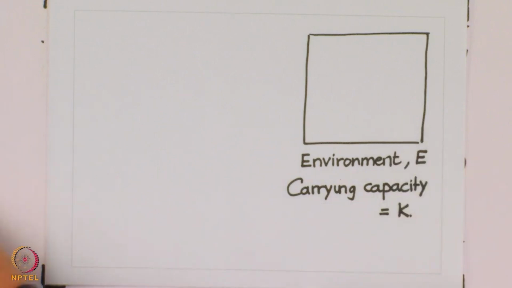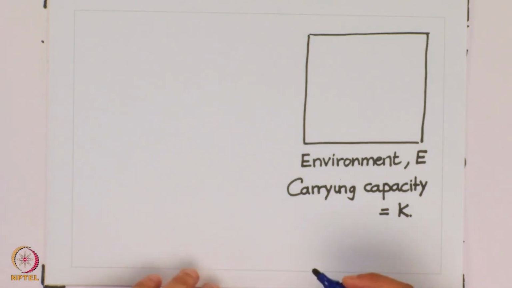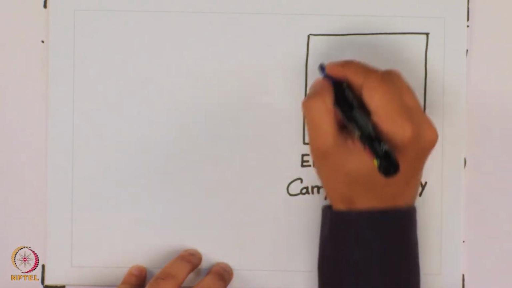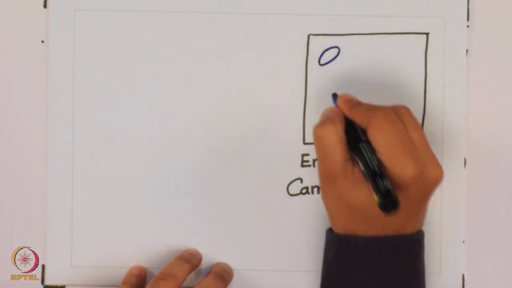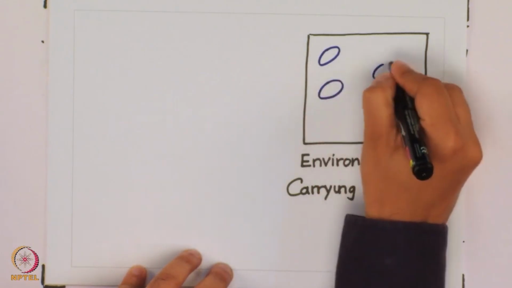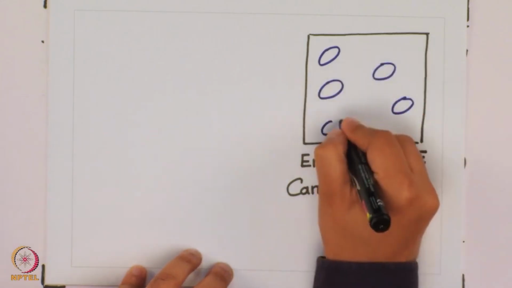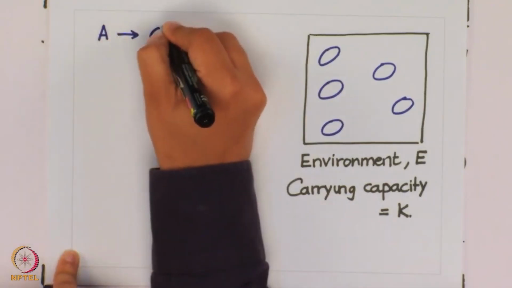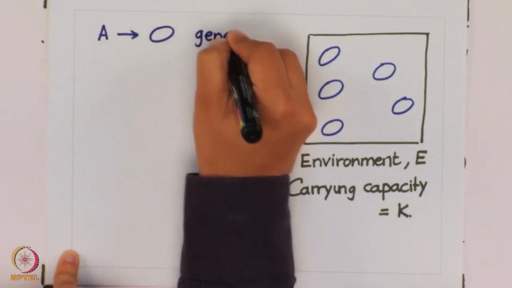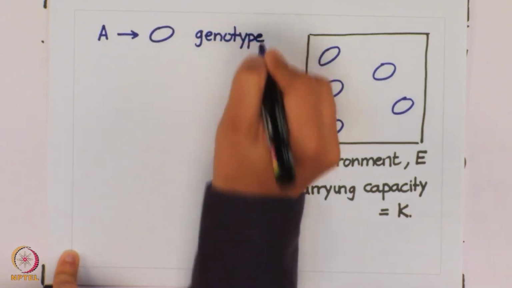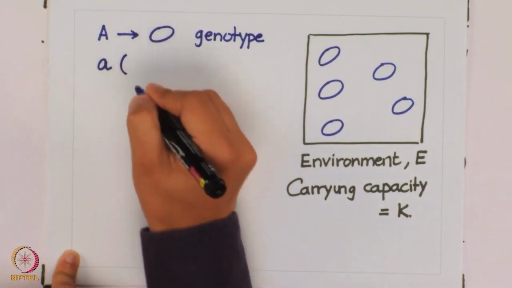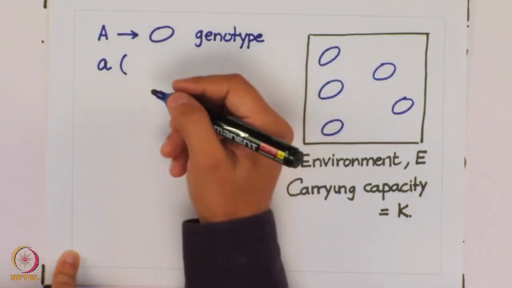And now let us imagine a scenario where in this environment E, at any given point in time, we have two distinct genotypes which are coexistent. Let us say that is genotype A, represented by the blue bacteria, and the growth rate associated with this genotype will be small a. We will just continue the same terminology as what we used in the last lecture.